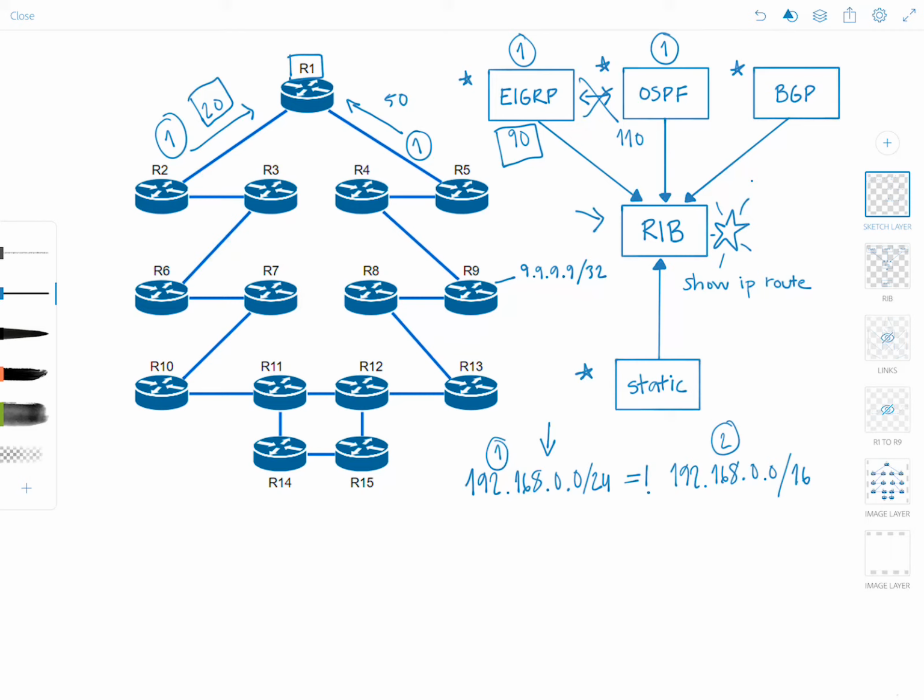If both EIGRP and OSPF advertised this same route, then by default EIGRP would win. But if they advertised different routes, they would both be installed because they are unique routes.